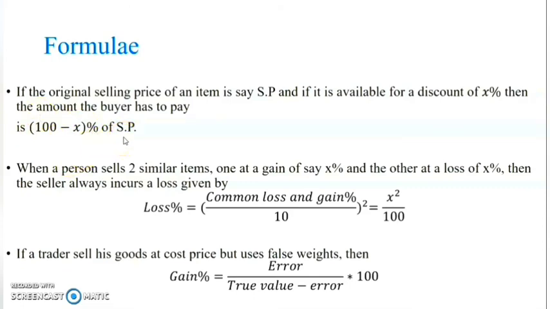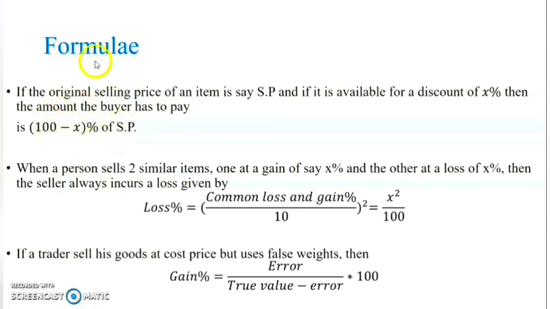For example, suppose an article is available at 200 rupees, but you have a discount on it of, say, 10%, then you will have to pay (100 minus 10)% of 200, that is 90% of 200. Now what is 90% of 200? It is 180. So instead of paying 200, you'll have to pay only 180 rupees.